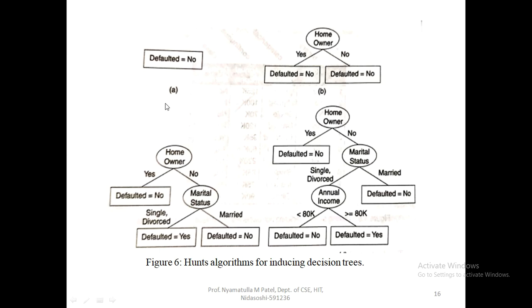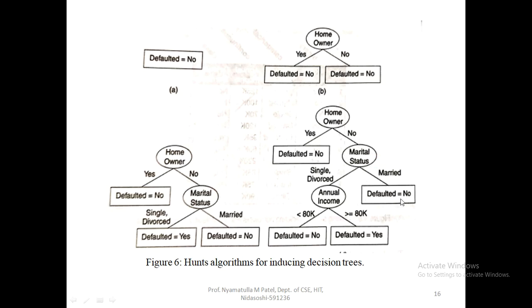This is the first step, this is the second step, this is the third step, and the fourth one is the homeowner. Here again I am combining these conditions and checking one more condition, annual income. Homeowner yes, homeowner no, default is no. Homeowner no, I am checking marital status, whether he is single, divorced or married.